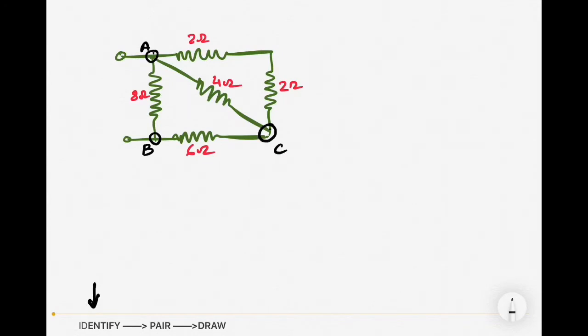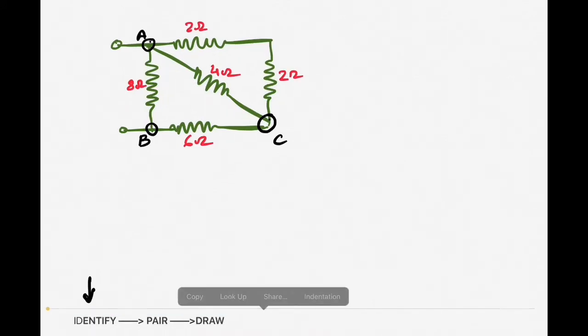A junction is a point in the circuit where you see three or more branches meeting at a point. Branches means where you have an electrical element like a resistor, heater, heating coil, or bulb. Any electrical element.